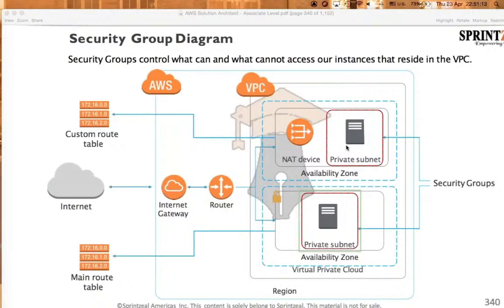It cannot access our instances that reside in the VPC. So in the VPC, if you do not have the NAT device, you will not be in a position to get that information within the private subnet. So there are security groups that we have given to these private subnets.